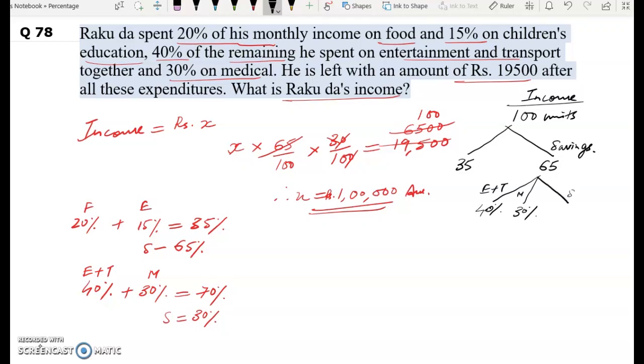Now his savings is how much? 40 and 30 spent, 70 spent, so remaining is 30%. So 30% of 65 units. Now 30% of 65 units is his savings.